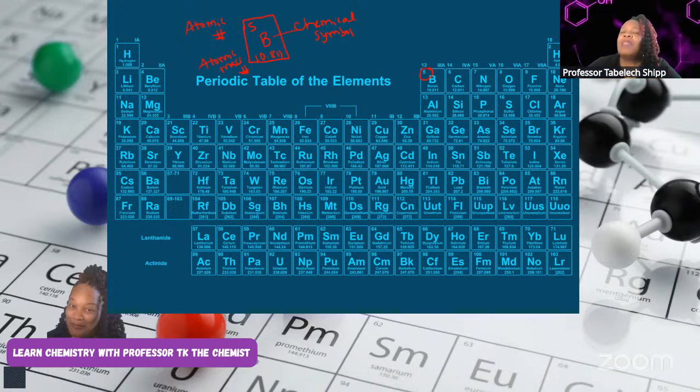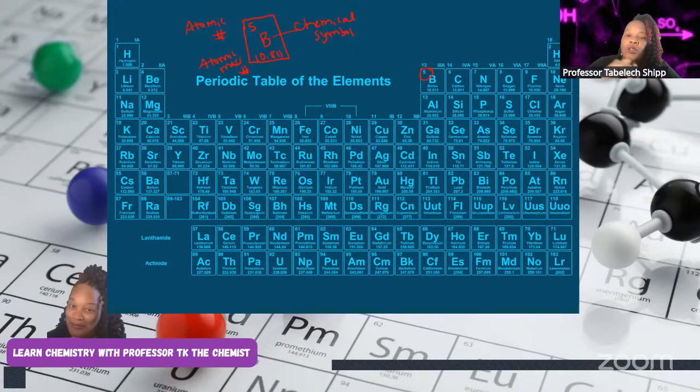So there's a lot that you will see on the periodic table, but they mean different things. We'll be referencing the periodic table throughout this course, so that you don't forget the information.